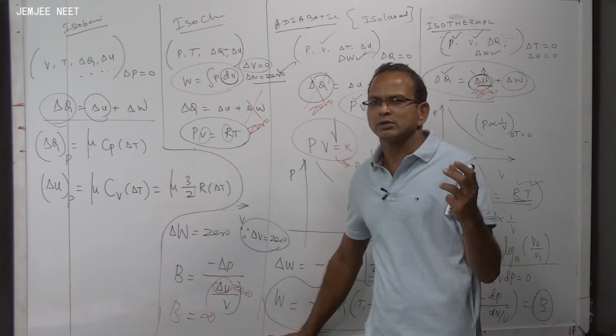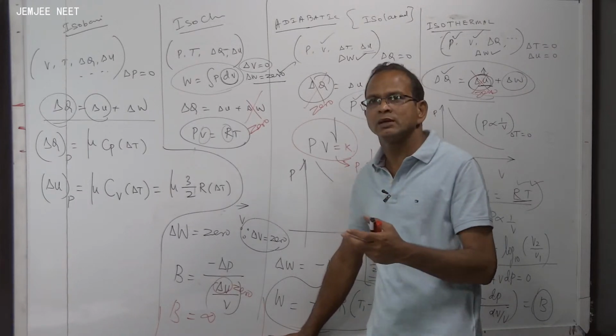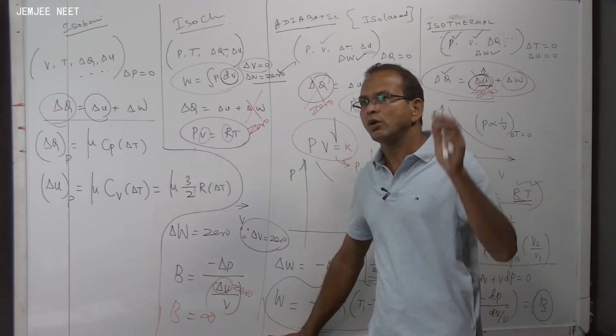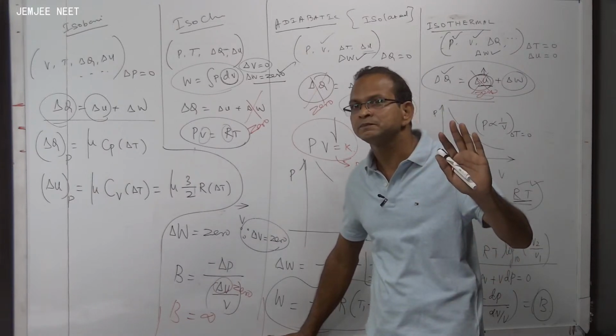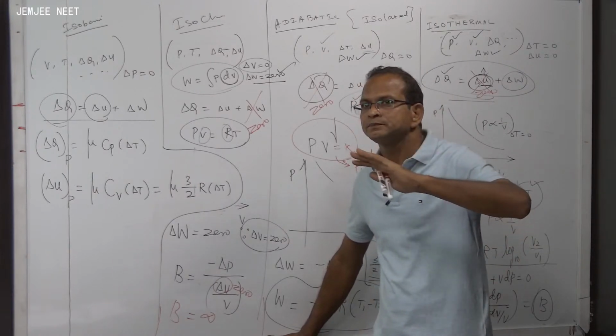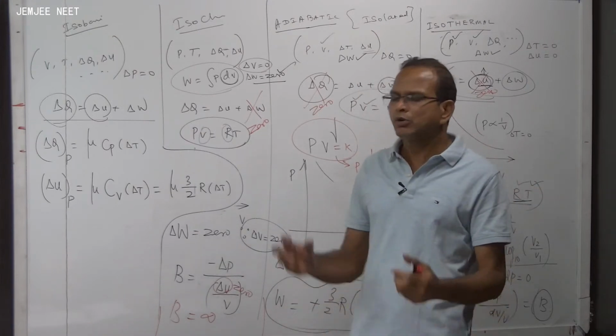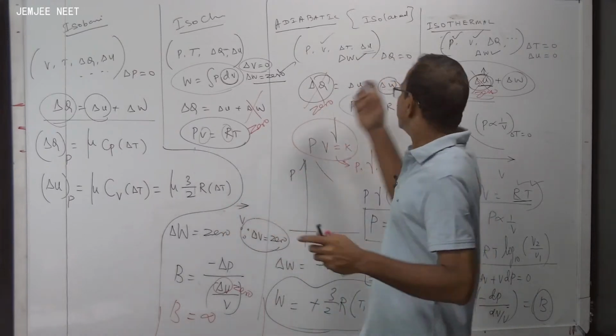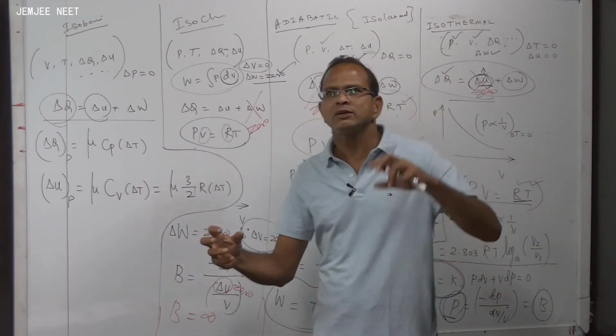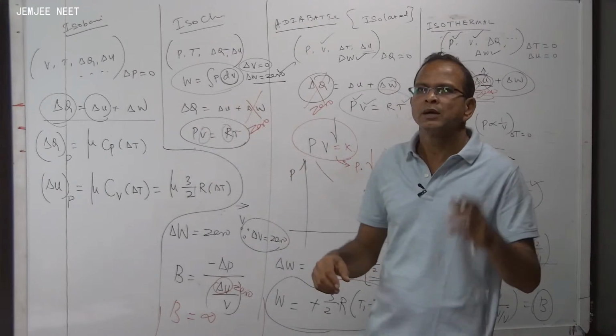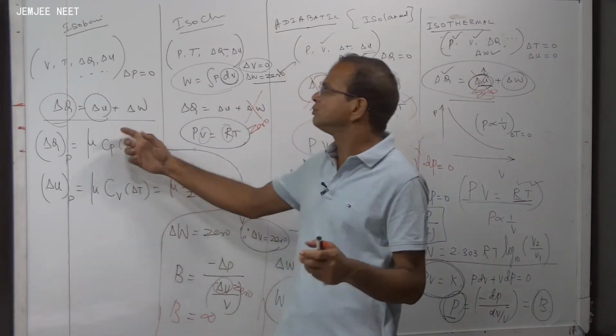Maybe isochoric, maybe isobaric, maybe adiabatic. For all of them, internal energy is the same. I go from 30 degree to 100 degree by adiabatic, by isochoric, by isobaric.